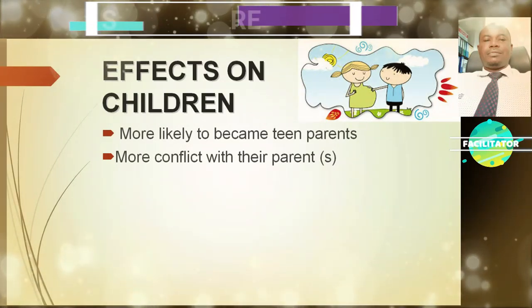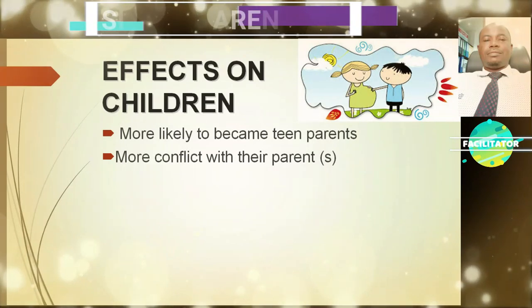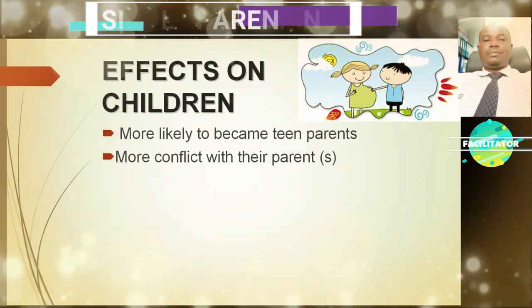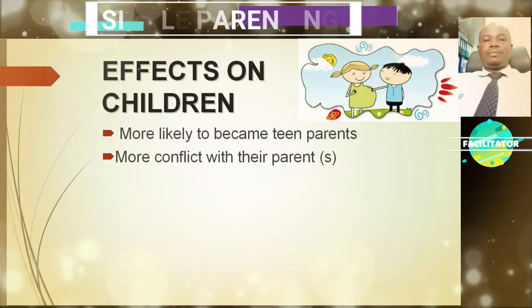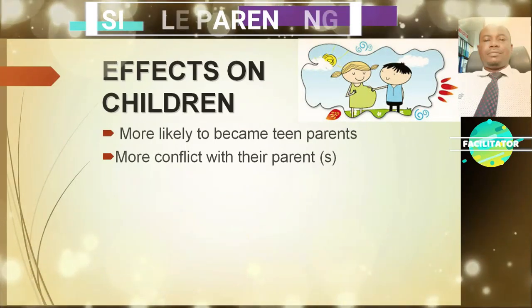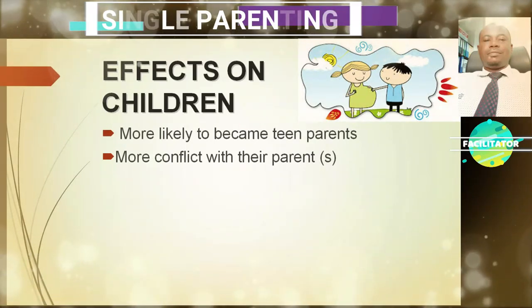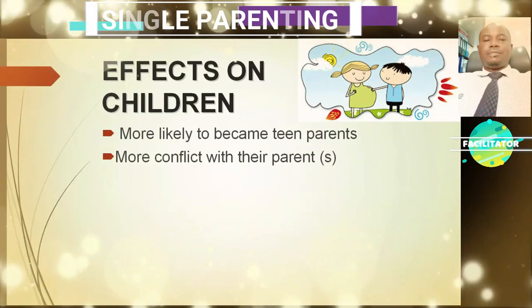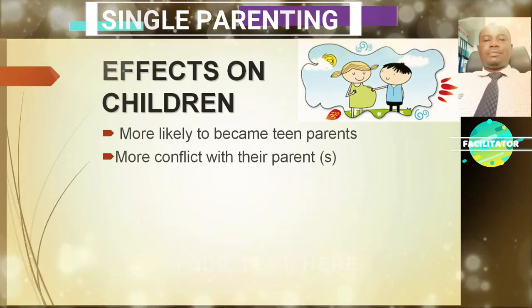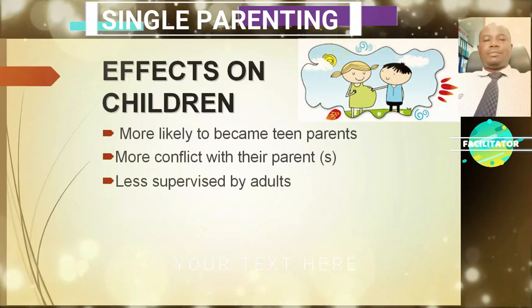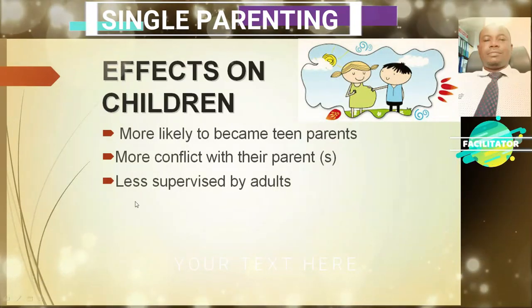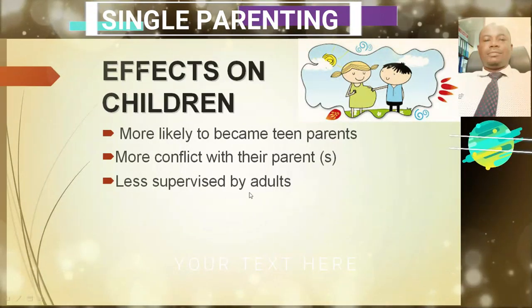They go to school, they meet their friends, their colleagues who have their parents always with them, but they come home and they feel one of the parents is missing. A lot of issues can arise. Therefore, there can be conflict with the parents. And then another effect is that they are less supervised by adults.